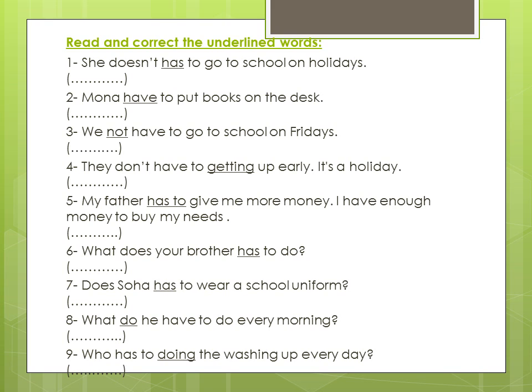Does Soha has to wear a school uniform? 8. What do he have to do every morning? 9. Who has to doing the washing up every day? Should we write doing? Think about the answers and we will check together.